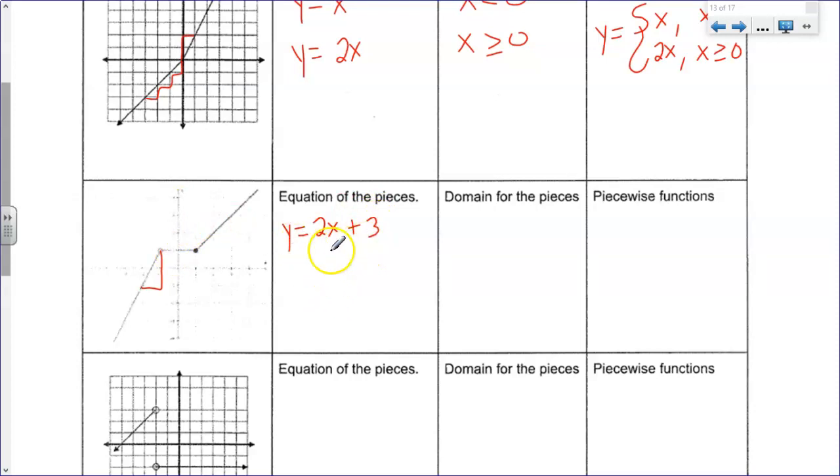Okay. So let's just go ahead and do our domain. We're right here, so that's going to be at -1. It's an open circle at -1, and it's going less than -1. All right, this next one is y equals 1. It's between -1 and 1, open and closed. So x is in between -1 and 1.